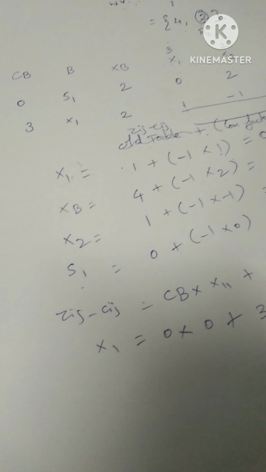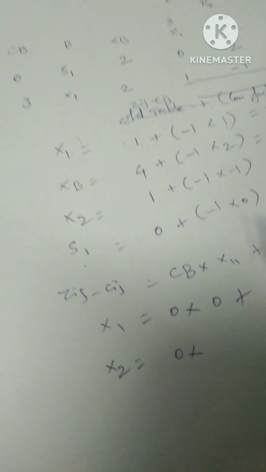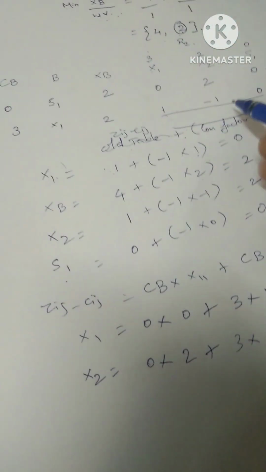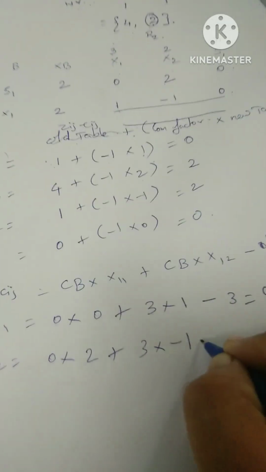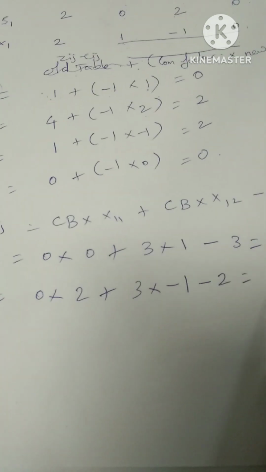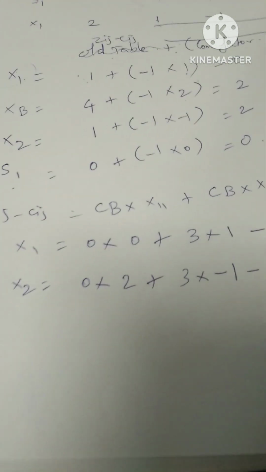So we are receiving 0. For x2, Cb is 0 into x11 is 2 plus Cb is 3 into x12 is minus 1. Then the objective function is minus 2. So we are receiving minus 3 minus minus 2 is minus 5.